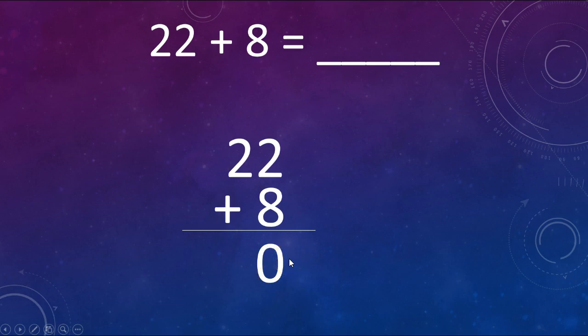And because the 1 in 10 is in the tens place, we need to bring that over here to the tens place so that we can add it with the tens. So what is 2 plus 1? 3. Good. So 22 plus 8 is 30.